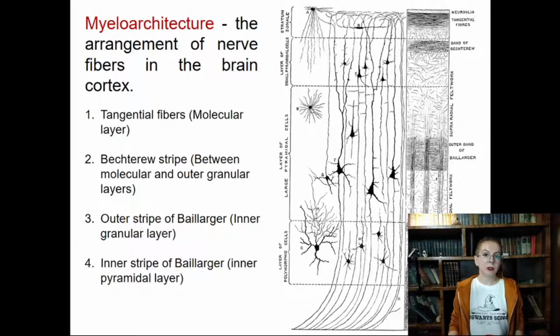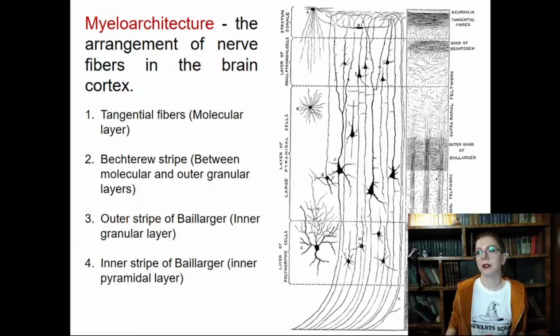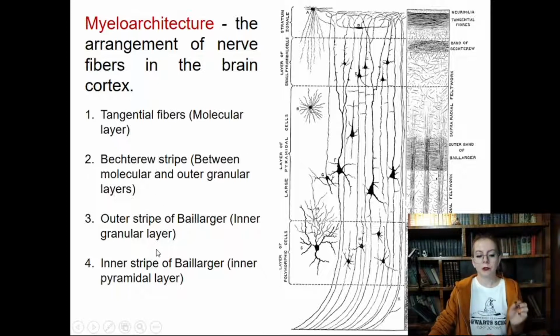Then, besides the unequal distribution of cells in our cerebral cortex, fibers are also organized in different ways, and we can see that in the molecular layer, so-called tangential fibers are located. They correspond to the processes of horizontal neurons. There are also two Baillarger stripes.